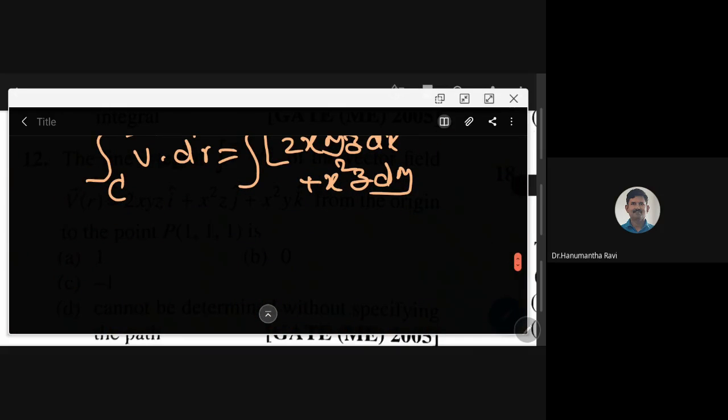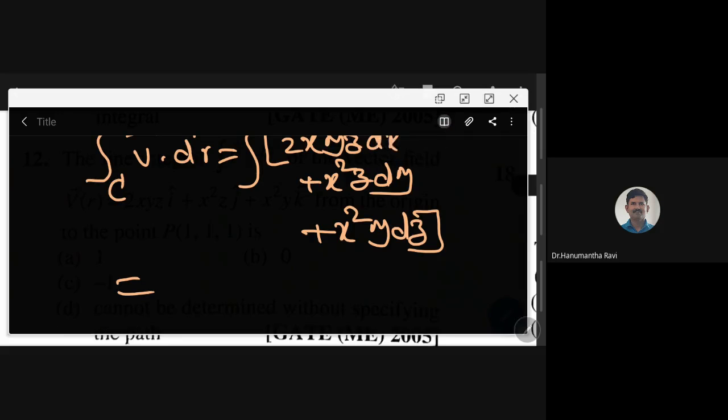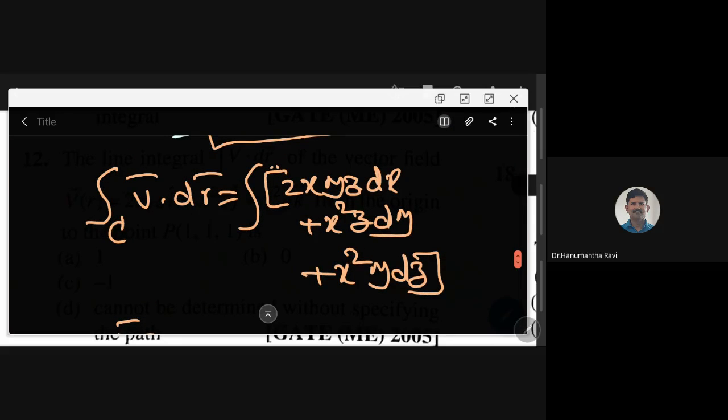Now, because this integrand involves all the variables x, y, z, we want to convert it into an integrand involving only one variable.